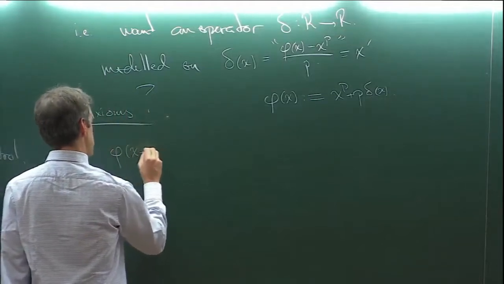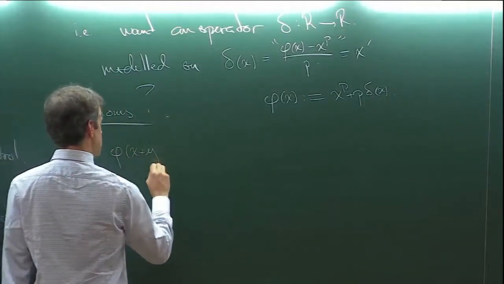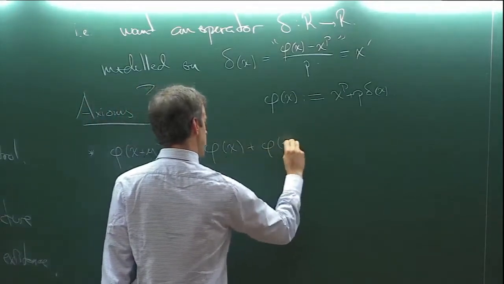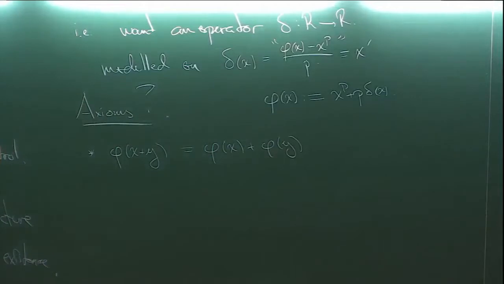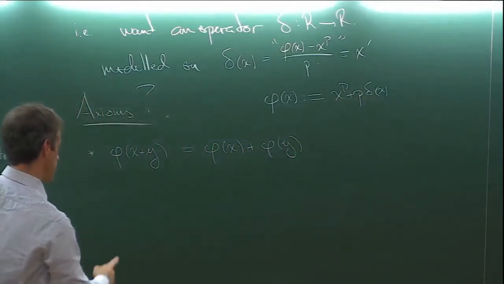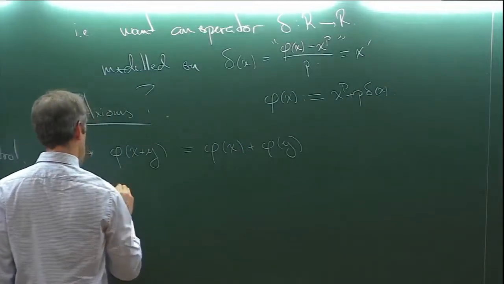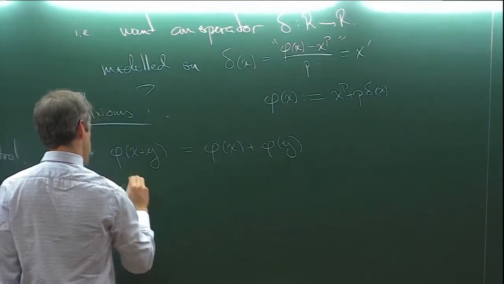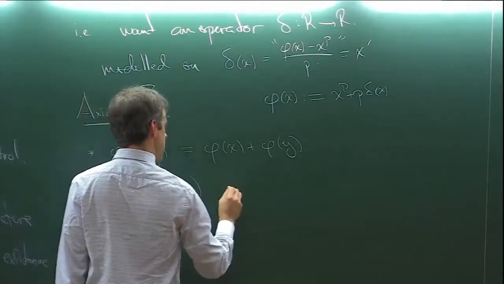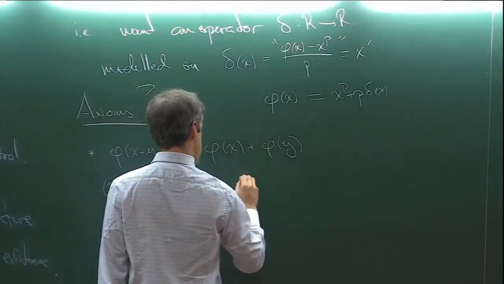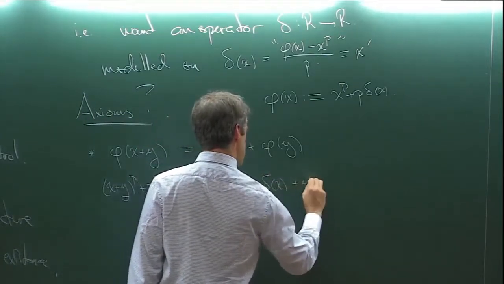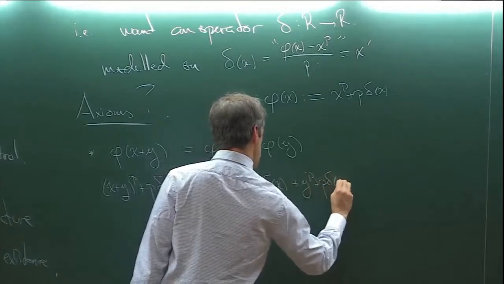So first we'll do additivity. So you have an axiom which says this. And now we want to express everything in terms of delta. So we just write that in terms of delta. So this is (x plus y) to the p plus p delta of (x plus y). This should equal x to the p plus p delta of x, and then y to the p plus p delta of y.